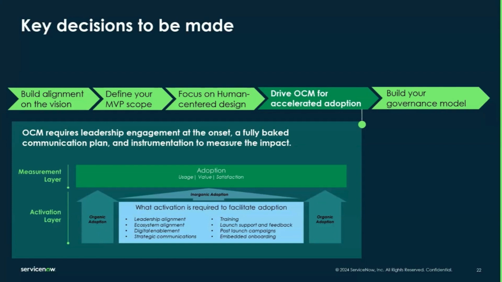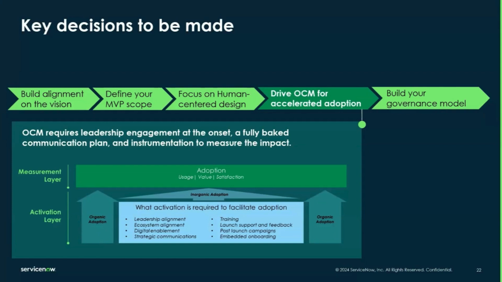In the middle, there's a list of activities required to facilitate adoption. These include leadership alignment, ecosystem alignment, digital alignment, etc. You'll also need to consider training, feedback, post-launch campaigns, and onboarding. Now, here's a key takeaway. Remember, you're not just implementing a new system, you're actually changing how people work.